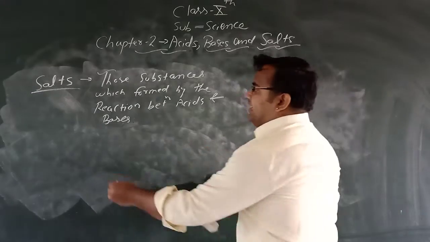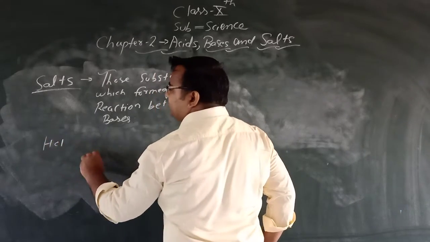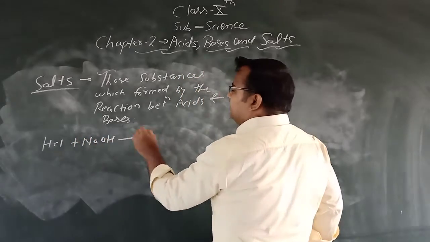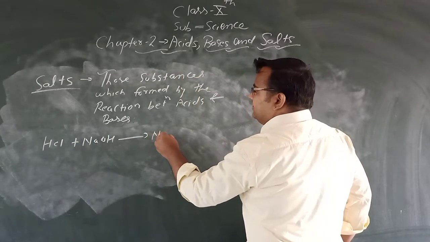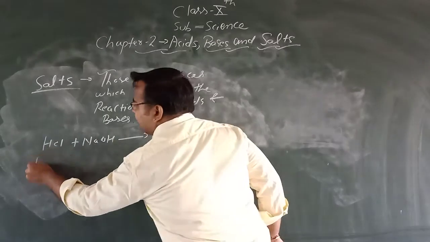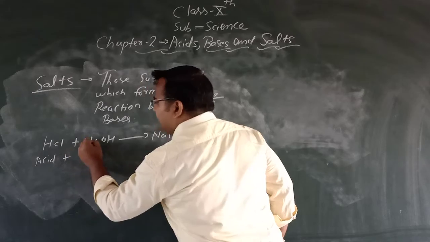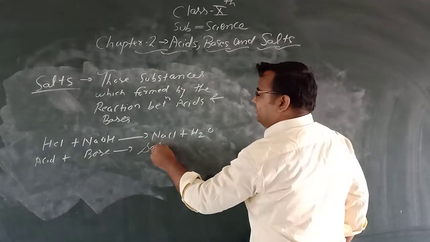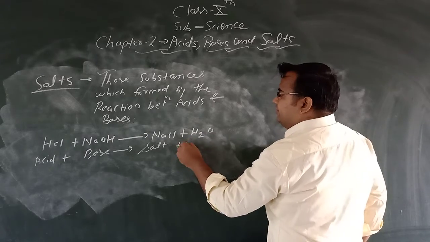So when an acid, that is HCl, plus a base, that is NaOH, gives NaCl plus water. See, this is acid plus base gives salt and water.